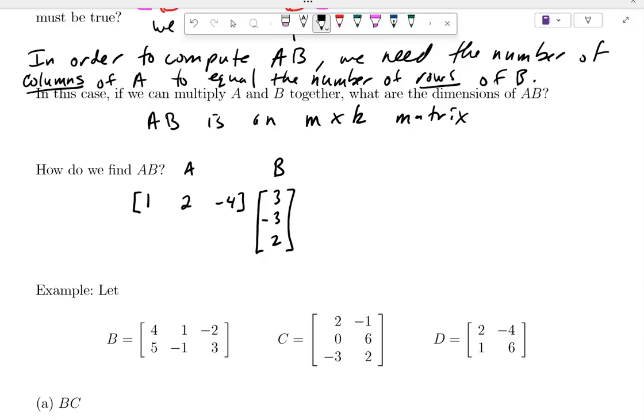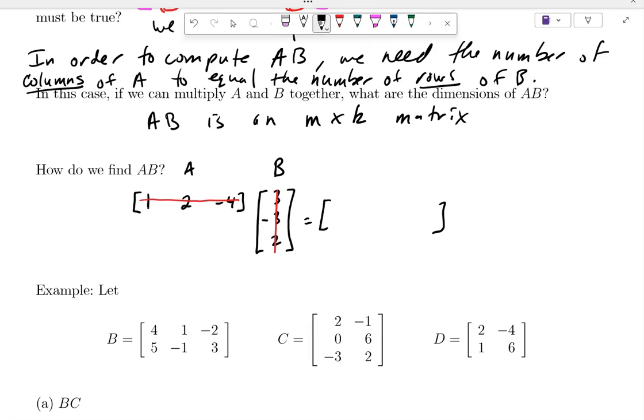Okay. Here's how you do it. I'm going to write it with brackets because it is supposed to be a matrix. I like to do it kind of visually in my brain. You take this row and match it with this column, and multiply corresponding entries.